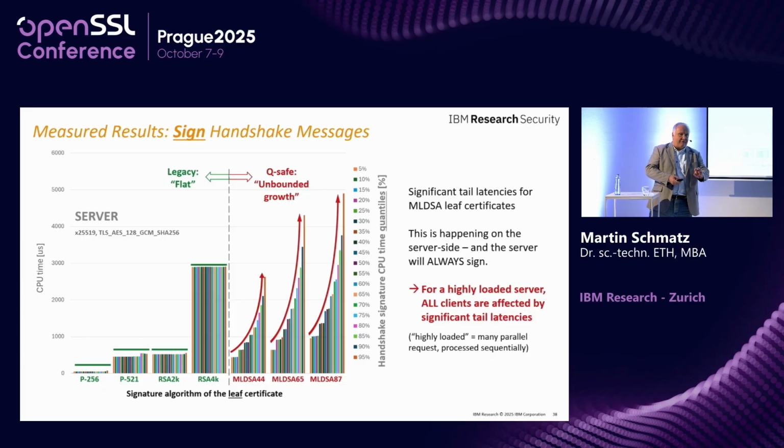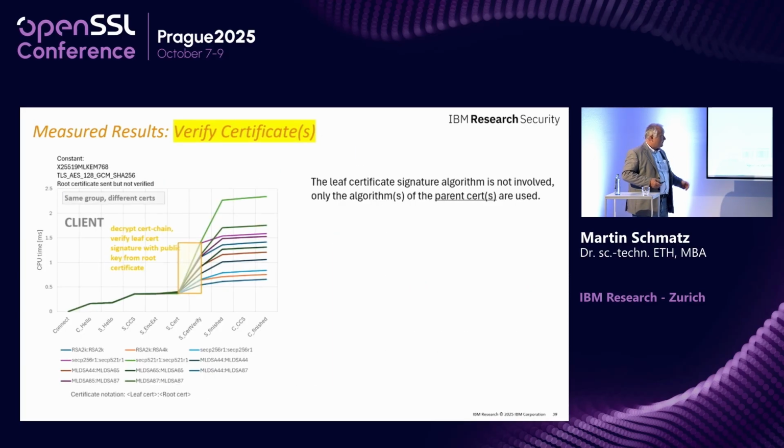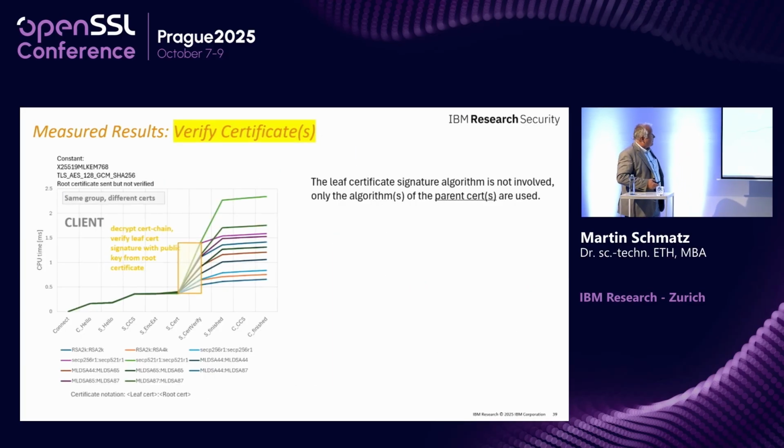Now, if the guys in front all of a sudden have these tail latencies, all clients, or the majority of the clients, will see tail latencies. I'm telling you, cloud people hate tail latencies, because if you have it in one place, you have it everywhere. So tail latencies is really bad. So that's it. So for the verification of the certificates, that's kind of okay.